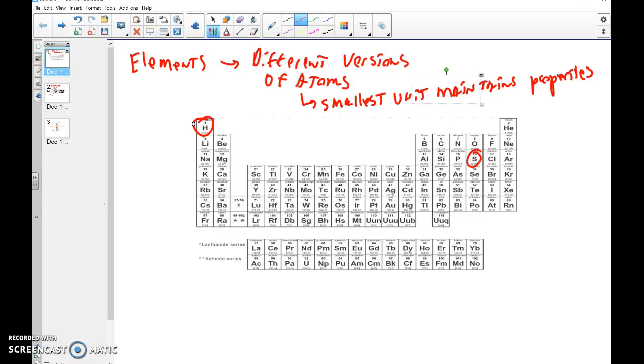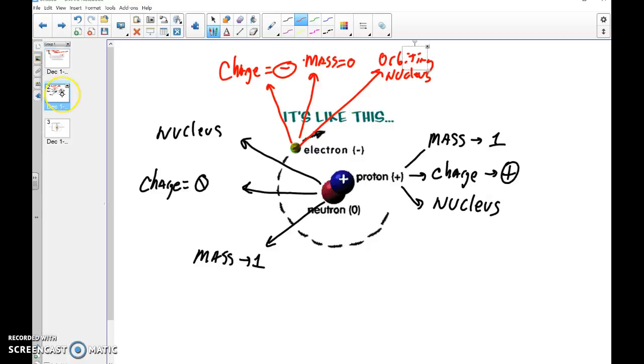And to do that, we need to take a closer look at the internal structures within an atom. So here what we have is a very simple diagram of an atom. It's a form of one atom, but it's not necessarily important that we think about what atom this is, but rather simply that we think about it as an atom. So what you have here are the three basic, what we refer to as, subatomic particles.